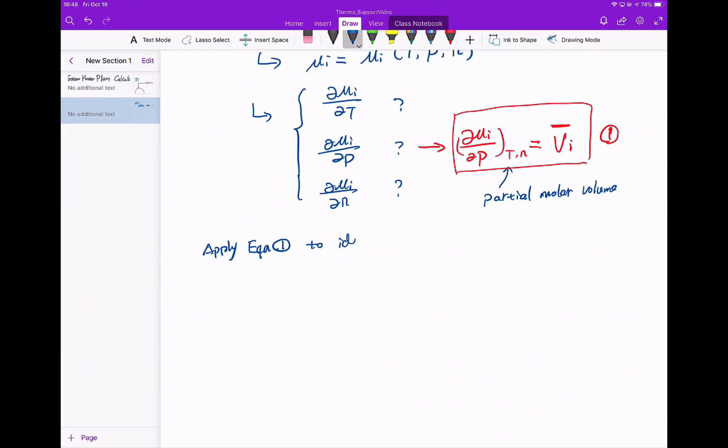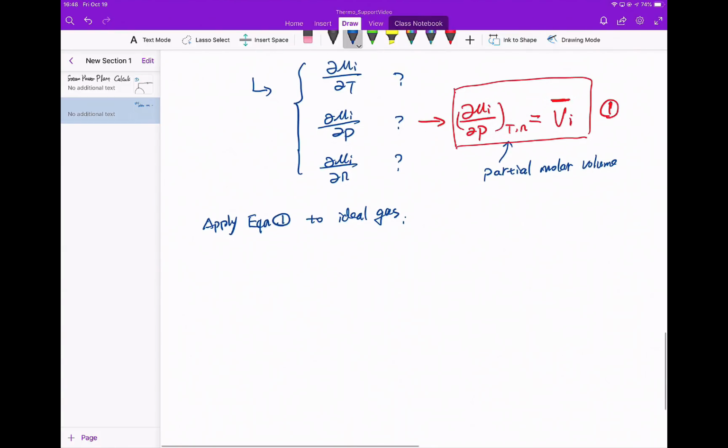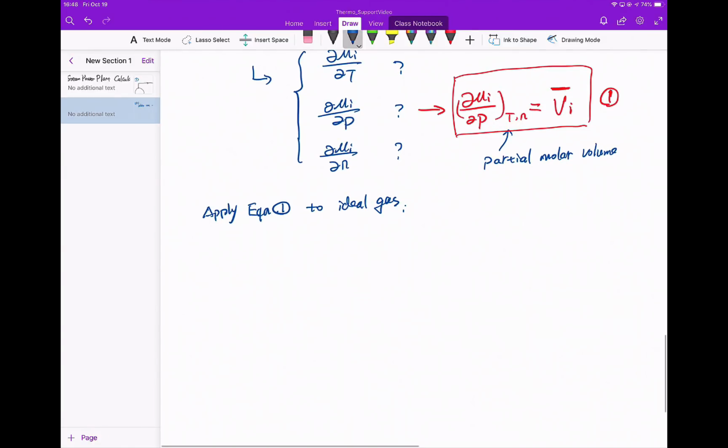To ideal gas. Then we have this, now this is ideal gas, at a fixed temperature, Vi is RT over Pi.